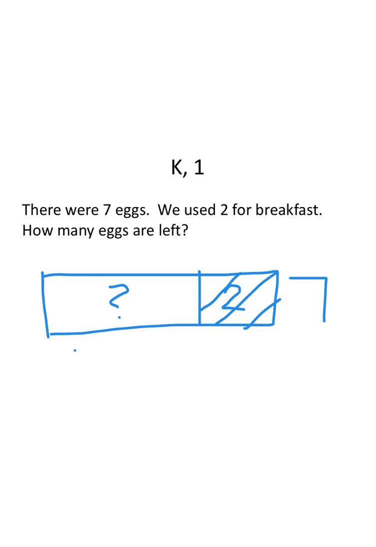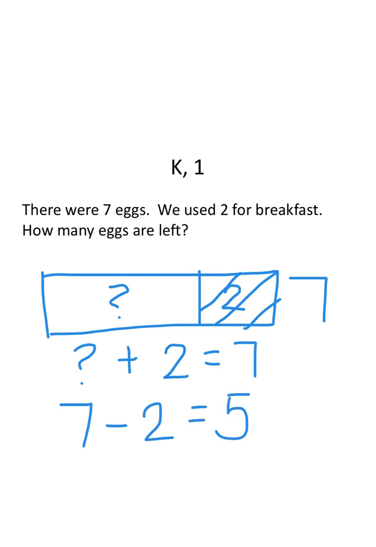So question mark, some number plus 2 equals 7, or 7 subtract 2 equals 5. This shows relationships really well. That's one of the great advantages of bar models: they show the relationship between addition and subtraction. So we know there are 5 eggs left.